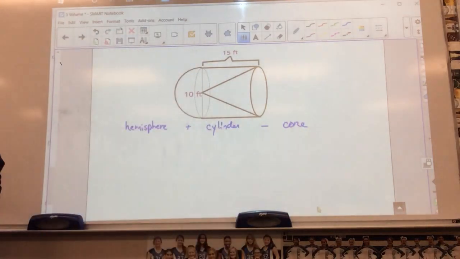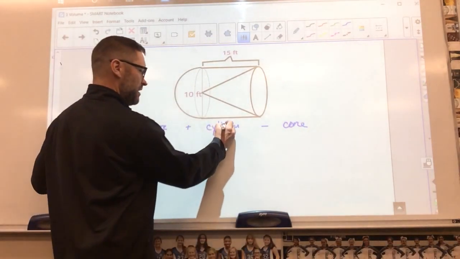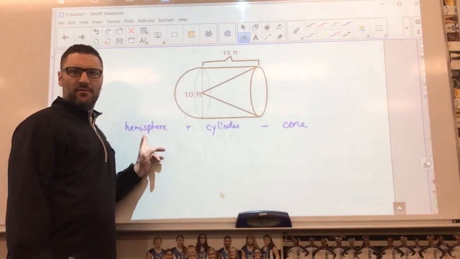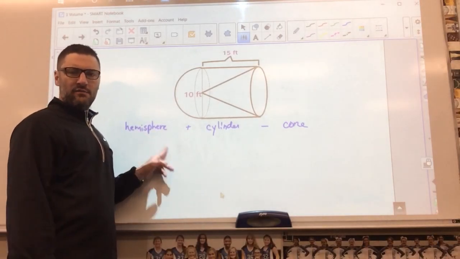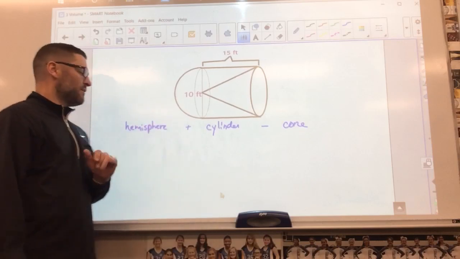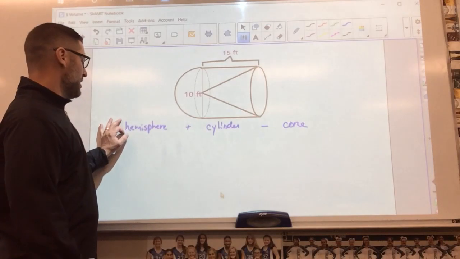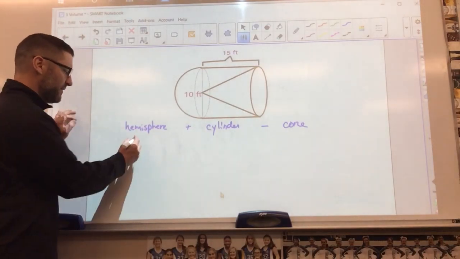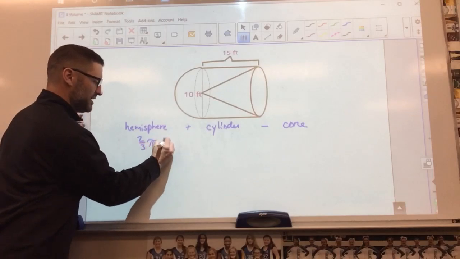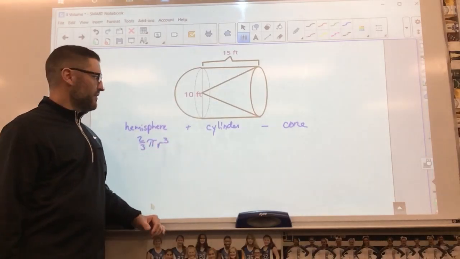Hemisphere plus cylinder minus cone. And you may or may not have done the volume of a hemisphere. I'm just going to give you the formula right now. There'll be another video with hemisphere volumes and sphere volumes. But for right now, it's just straight up find the hemisphere, and that's 2/3 pi r cubed, the formula for the volume of a hemisphere.